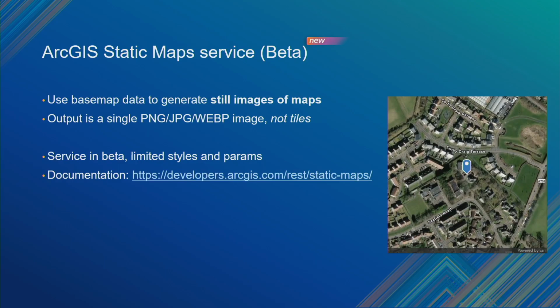It uses the basemap data to generate still images of a map. So instead of tile data, it is a single image that outputs as a PNG or JPEG or WebP. The way that you might use the service is you make a request to it with a specific location as well as a zoom level, and it outputs just a picture of that level of that location.